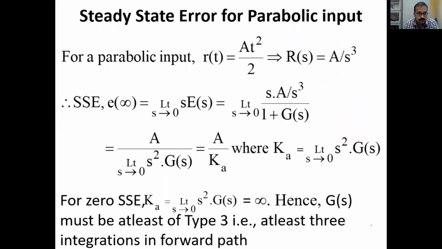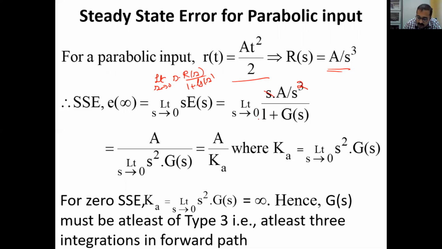Now for a parabolic input. When the input is parabolic, r of t is A t square by 2. So what will be R of s? It will be A by s cube, right? So if you substitute that into the expression, limit s tends to 0 of s into R of s divided by 1 plus g of s, what will you get? s into A by s cube. So one s and one s gets cancelled. This becomes s square, which comes to the denominator.